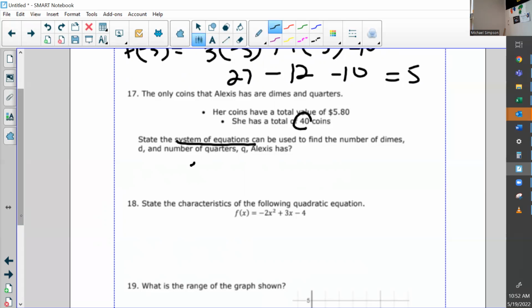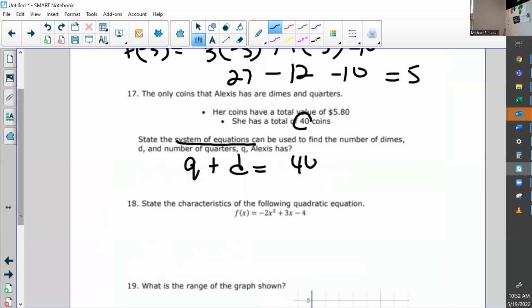So I'm going to have Q plus D, and that's going to give me 40. And the next equation, you just put the value of the quarters and dimes. A quarter is 0.25, a dime is 0.10 D, and the total value is 5.80. Then you actually solve it, I just gave you the equations, all right?